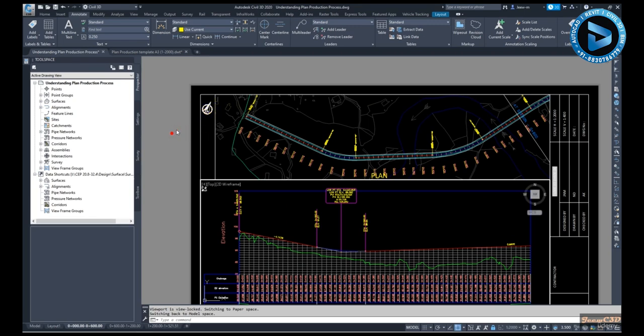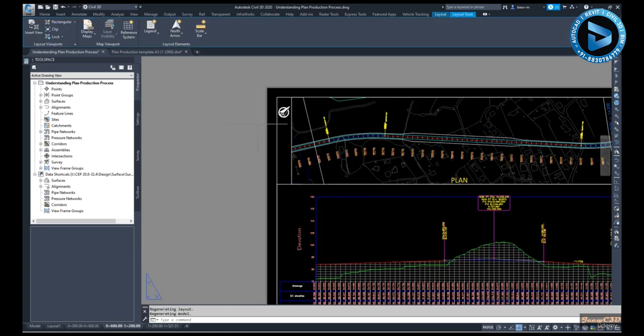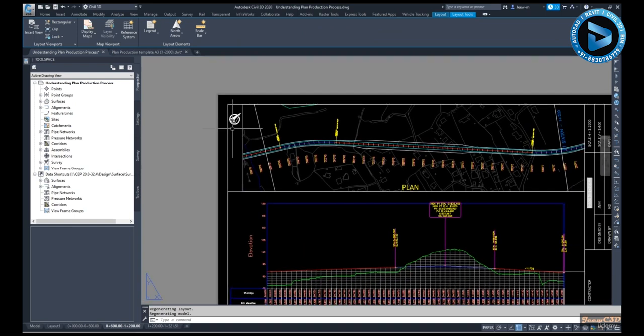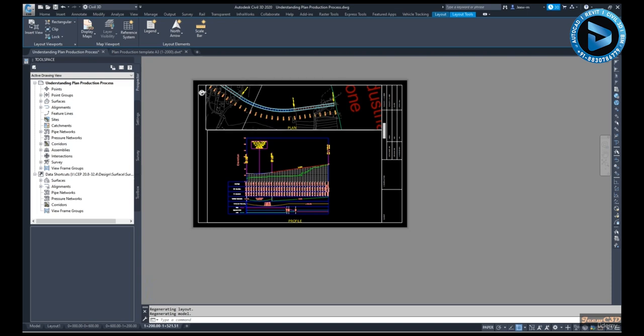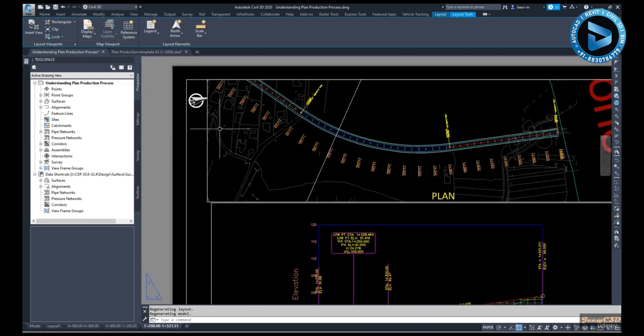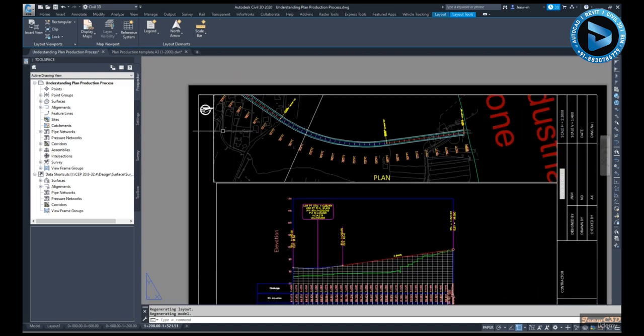This is how you know our view frame is rotated from the initial position. This one is also the same. It is rotated. Then this one is rotated further than the previous two.